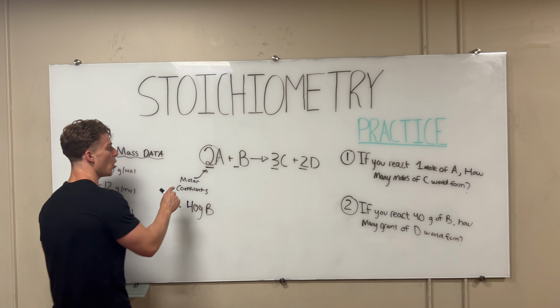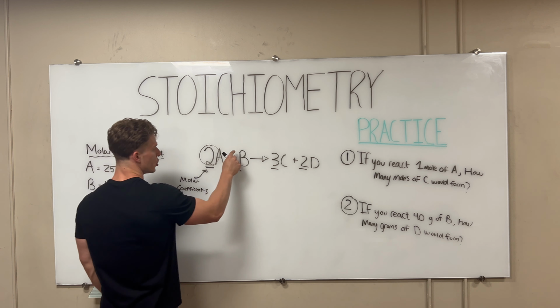Because we need to be in moles to use these molar coefficients for ratios. So what I want to do is first get this gram value into moles, okay? So the molar mass of B, right, we know we have to divide by the molar mass to get to moles, okay, is 12 grams for every 1 mole of B, okay?